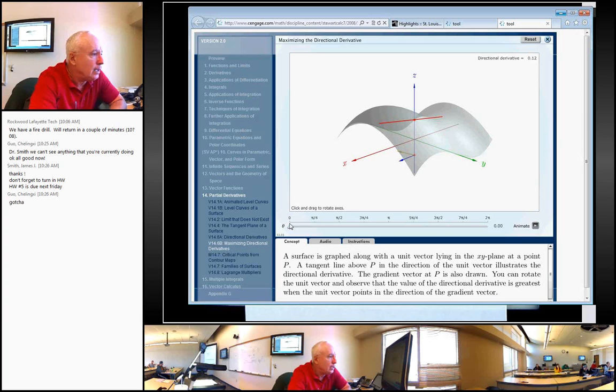So, if we start moving this thing, notice the blue vector is changing. The gradient vector, of course, stays the same. And we get a value up here for our directional derivative. Now, as we're going this way, notice the first thing that I hit here is, let's see, minus 0.51, minus 0.52? Yeah.